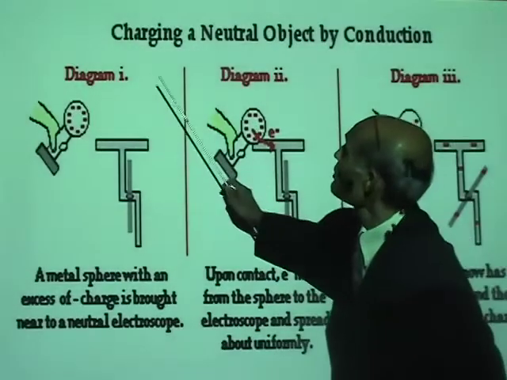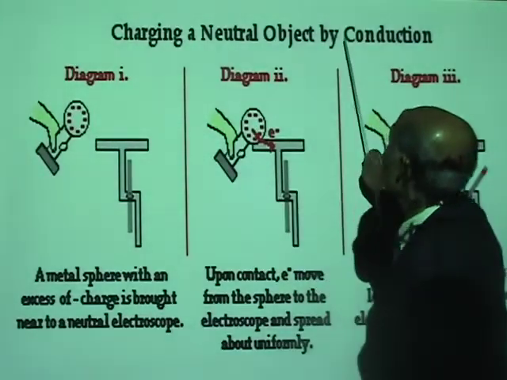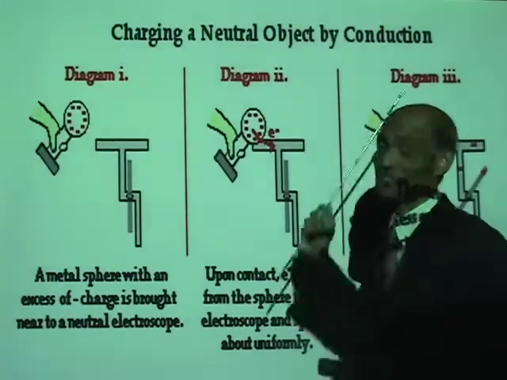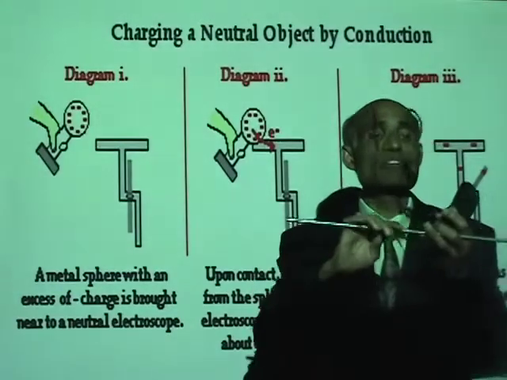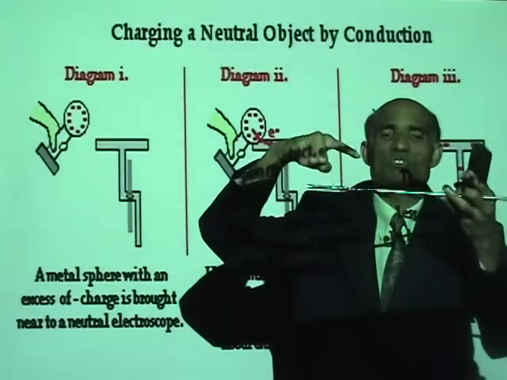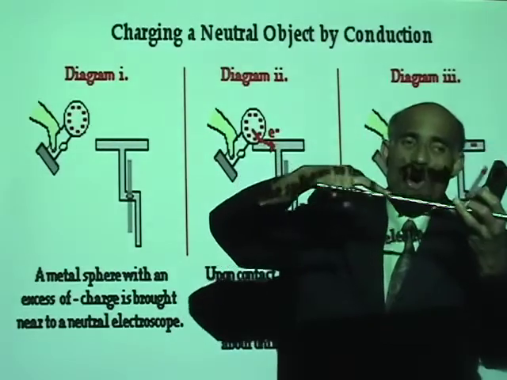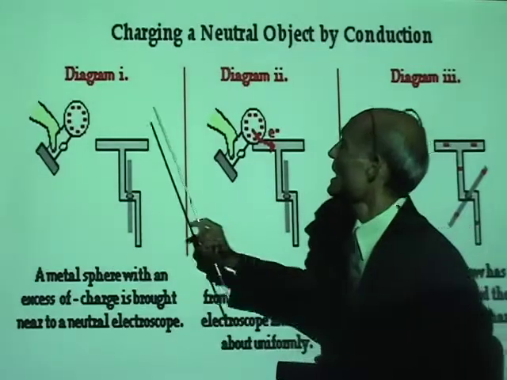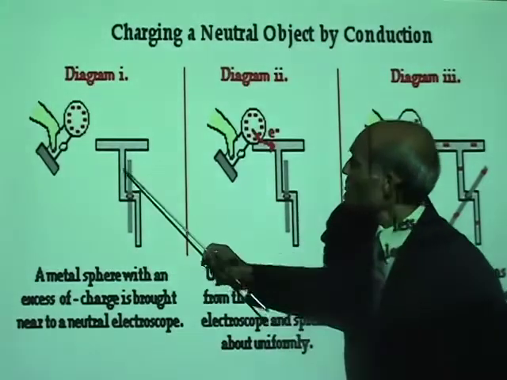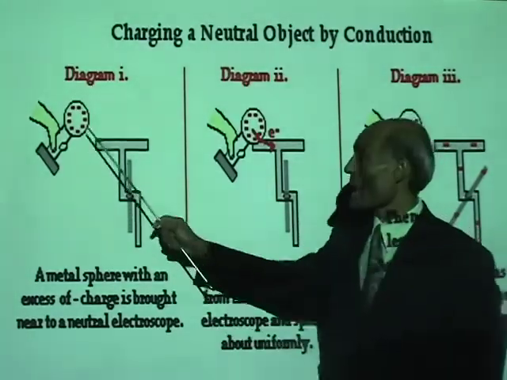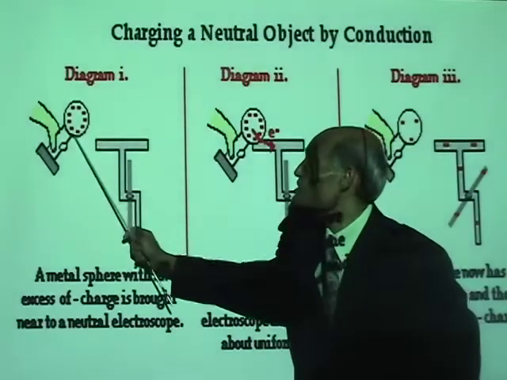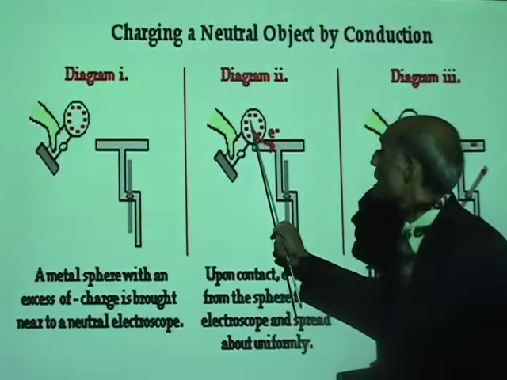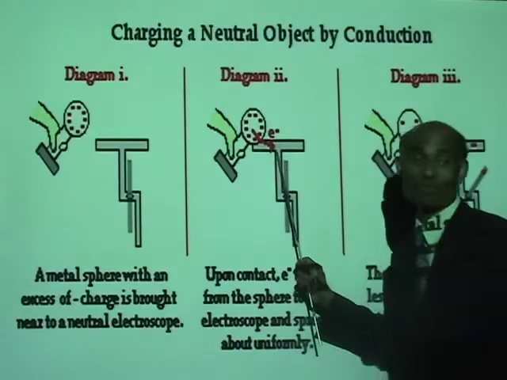Now, here I have shown you how to charge a neutral object by conduction. Now, conduction means you allow charges from one object to flow into another by making contact. Now, this is the electroscope. I'm going to bring a negatively charged object and make it contact the electroscope.